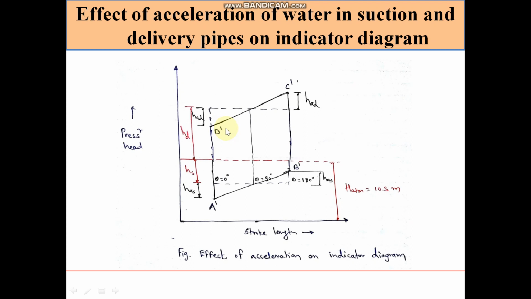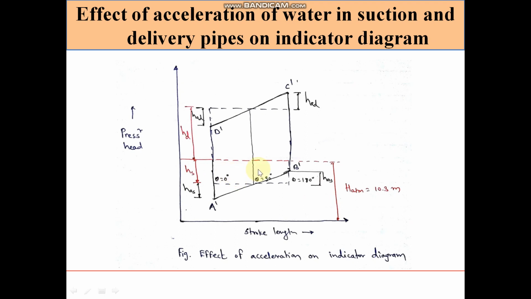Now let's try to understand the physics of this diagram. What is actually happening? At the beginning of the suction stroke, the drop of pressure is more than the suction head represented by the ideal indicator diagram. This additional pressure head is required to create acceleration of water in the suction pipe.